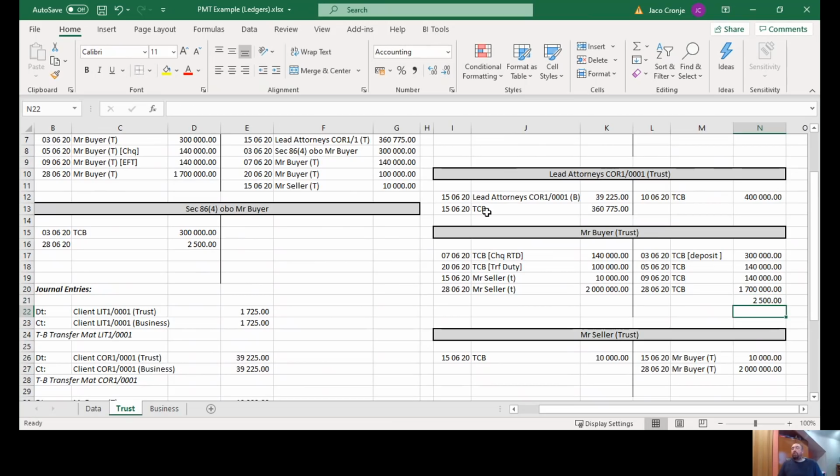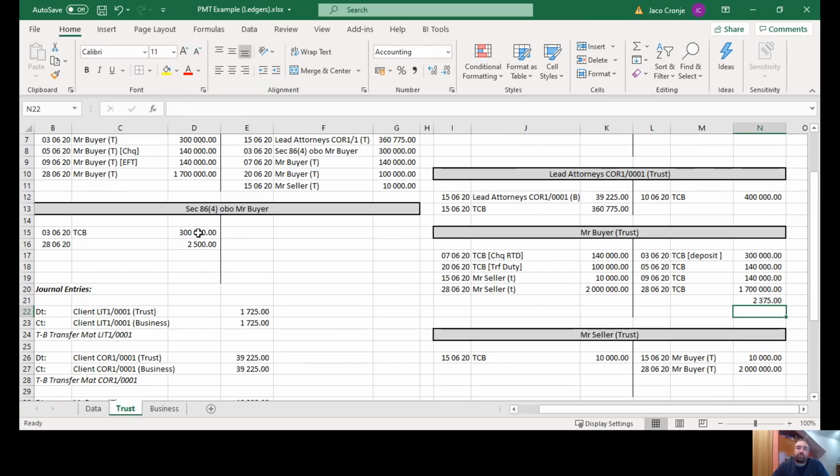But there's a new rule for the last 2 years with the Law Society that says that 5% of all interest earned on Section 86 investments must now go to the LPC. So I can't allocate this full 2,500 rand to Mr. Buyer. He can only get 2,500 rand times 95%, so he only gets 2,375.